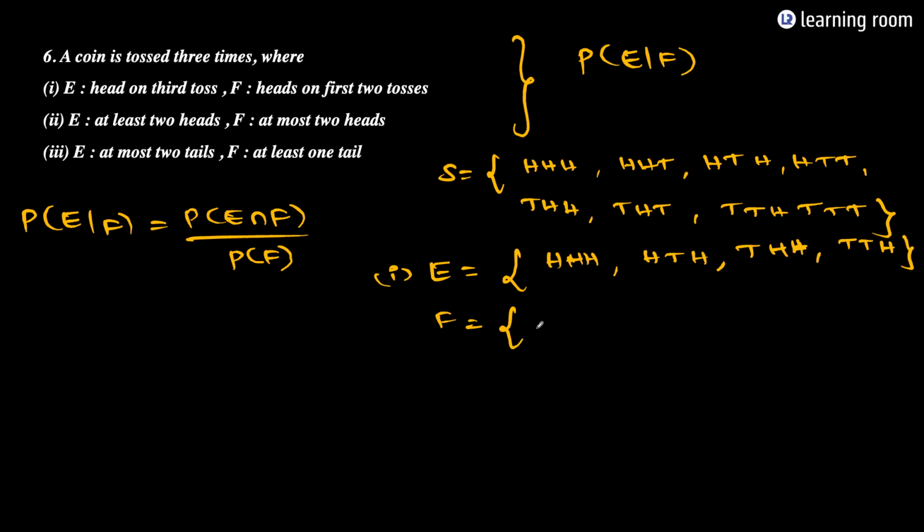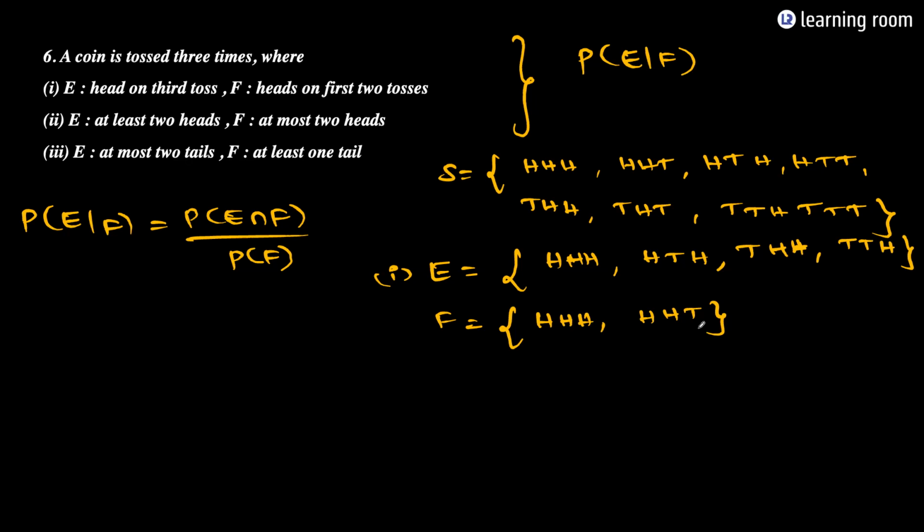So F is head on the first two tosses. So you want head only on the first two tosses. Should I take head, head into consideration? Yes, and head, head, tail also, because they didn't mention anything about the third toss.